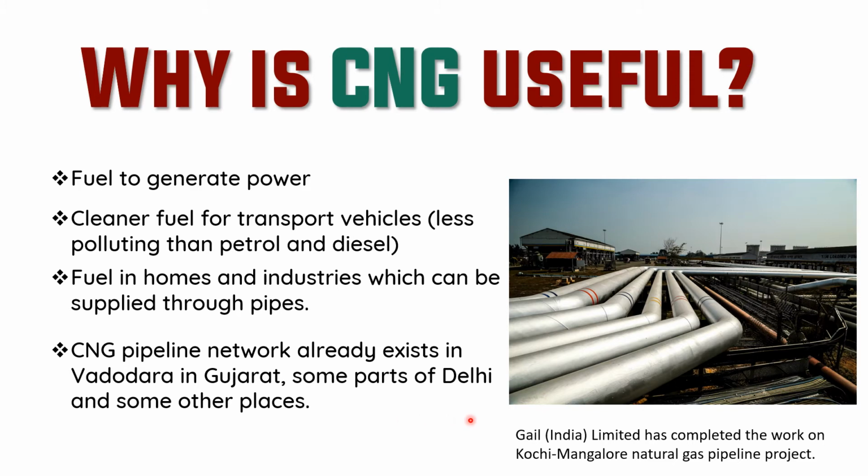And children, in Kerala also, the CNG pipeline is in the last phase. GAIL India Limited, which is owned by the government, has completed the work on the Kochi-Mangalore natural gas pipeline project.